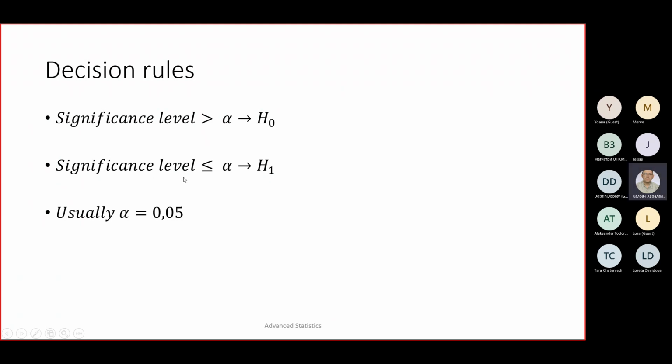In the opposite case, if the significance level is smaller than the probability for type 1 error, then we accept the alternative hypothesis. And usually in social sciences, in psychology, in sociology, in public administration, and so on, we use a 5% probability for type 1 error, 5% or 0.05.